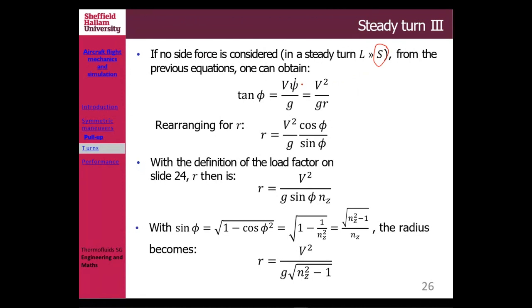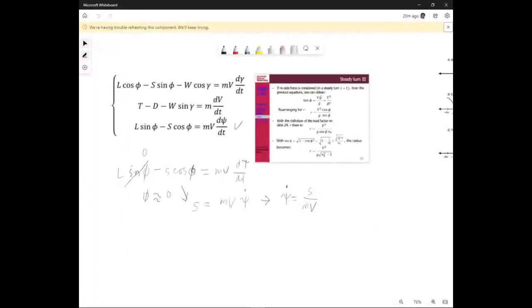Now from the previous equations, you could then obtain connections between the phi and the velocity and the radius of your turn. Okay, so if I could just go back, I already put it here.